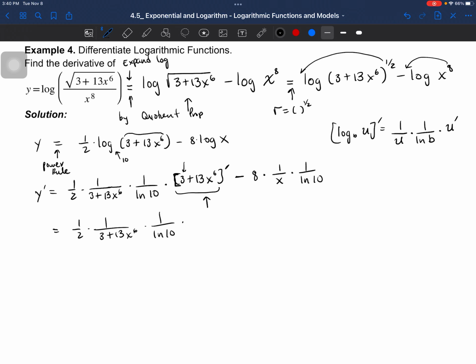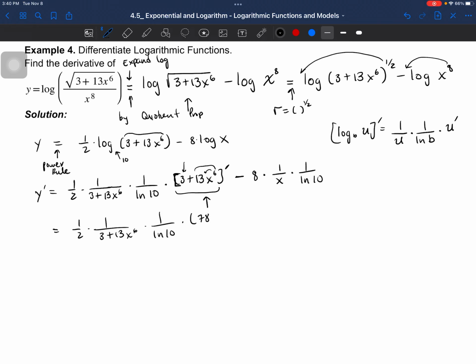So 1/2 times 1 over 3 plus 13x to the 6, times the derivative of the inside. Well, the derivative of 3 is 0, so that goes away.